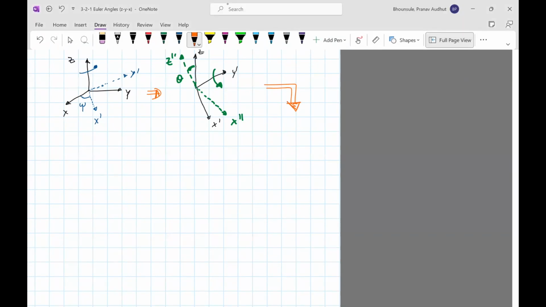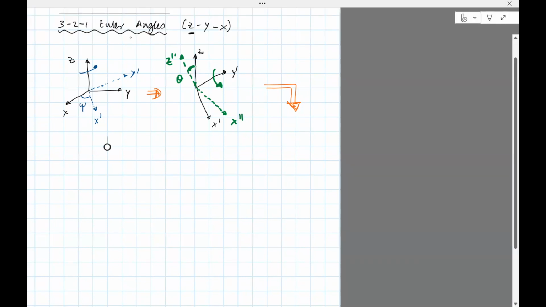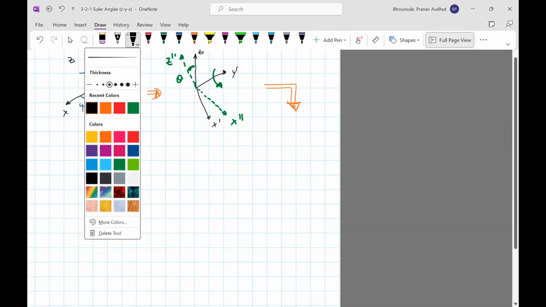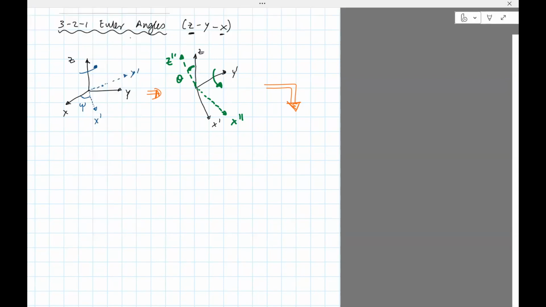Now we'll rotate about the new x-axis. That's the last one. So I need to redraw this figure with x double prime, z double prime, and y prime. Since it's a rotation about the x double prime, I take my right hand, point my thumb along x double prime, and curl my fingers along the arrows shown.